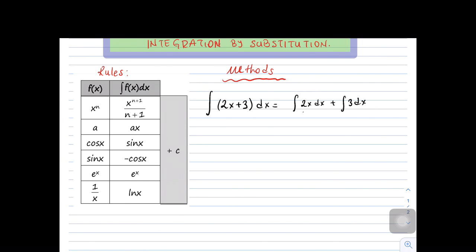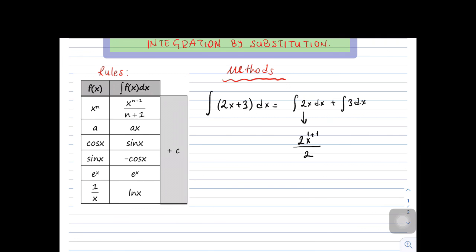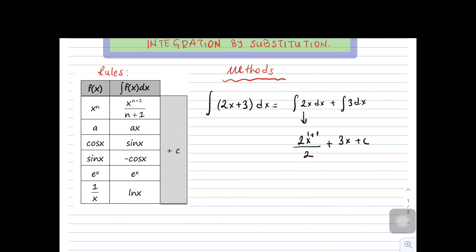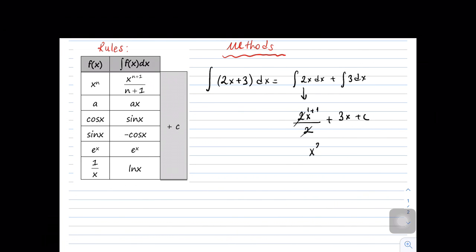And then we know this one over here, 2x plus 1 divided by 2, okay? And then plus 3x plus c. Alright, then these 2's are gone. What is left here? x squared plus 3x plus c. So this is the answer, right?